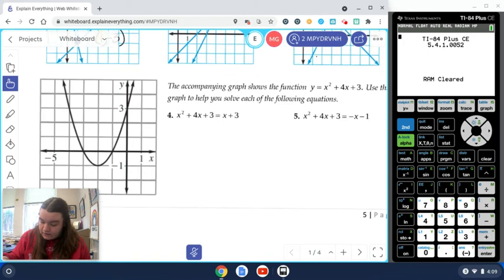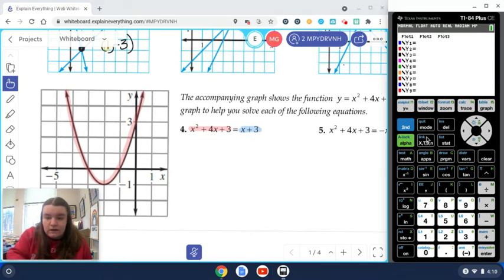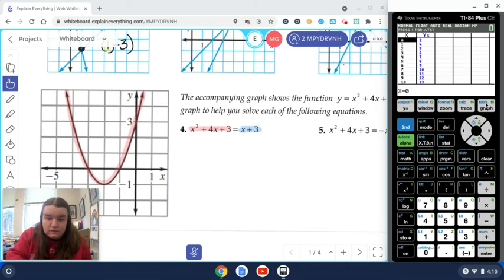So I already have this graphed. That is the quadratic that they gave us. So now what I'm going to do is I'm going to graph x plus 3. And you can get this in your calculator if you just type in y equals x plus 3 and then look at the table. Or the y-intercept is 3, the slope is 1, and you could graph it that way as well.